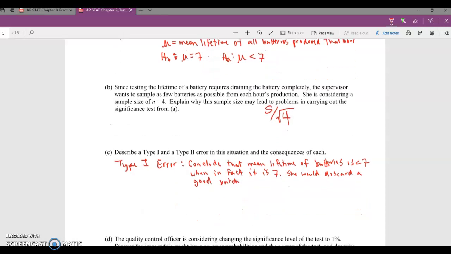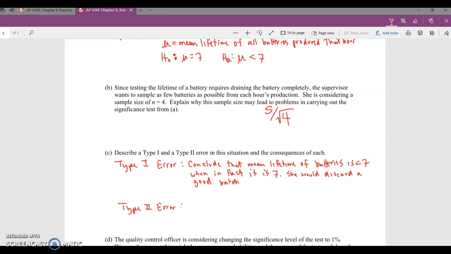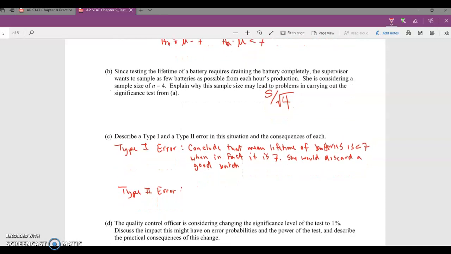Type 2 error, this would be failing to reject a false null hypothesis.